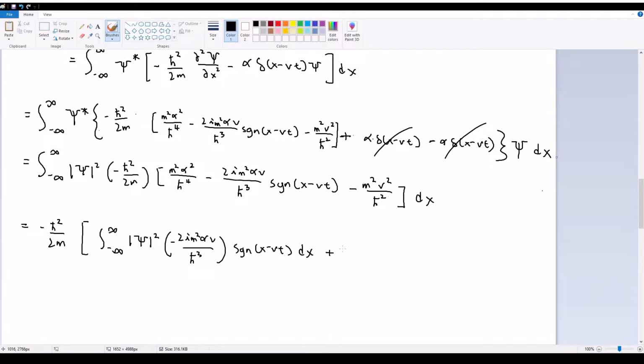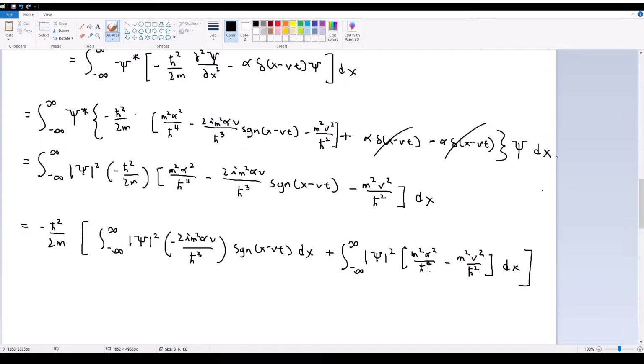And then we're adding an integral from negative infinity to infinity of magnitude psi squared times m squared alpha squared h bar fourth minus m squared v squared h bar squared, closing this with the dx. So what I've done is isolated the signum into its own integral, and I've taken the other two terms and put them into their own integral.